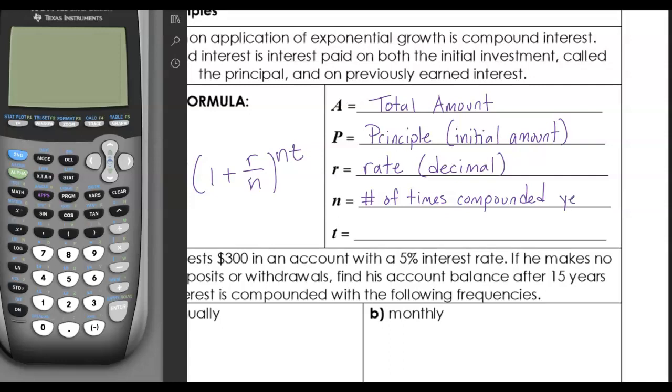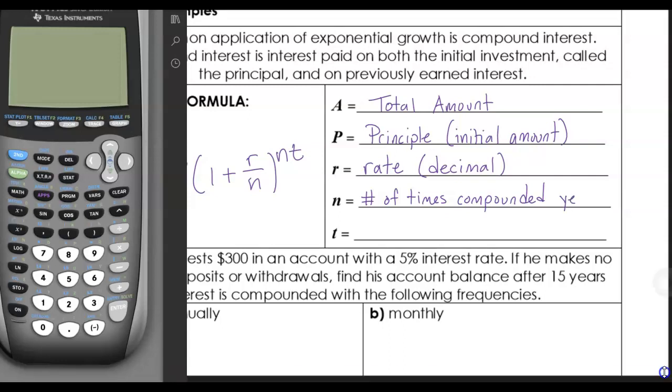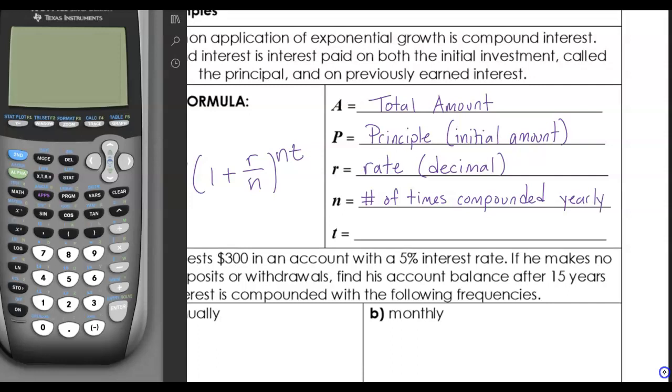Just in finance, instead of saying calculated, they say compounded when dealing with interest. And t does, of course, stand for time. This is how long you've had the account for, in years, I should say.